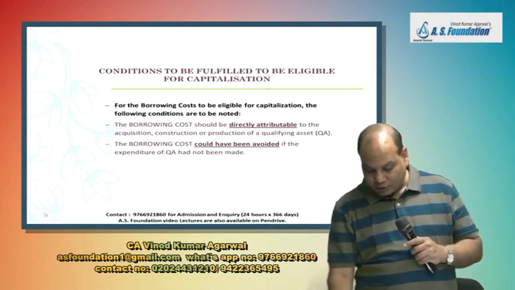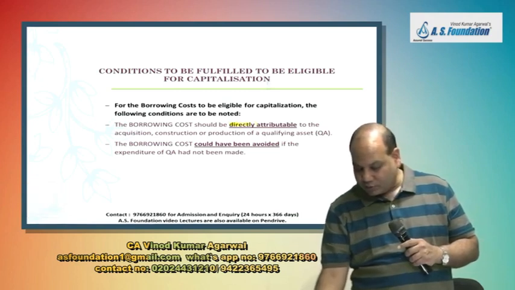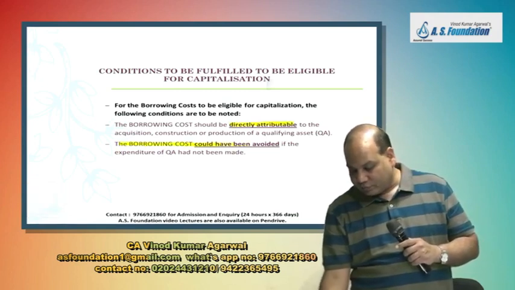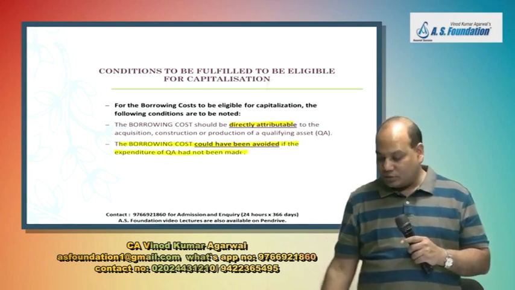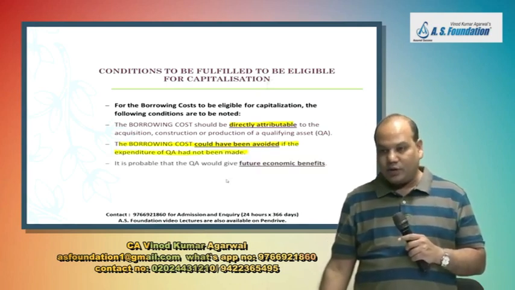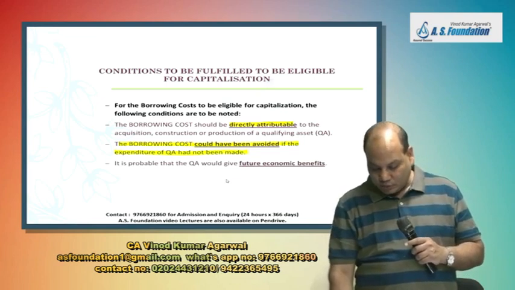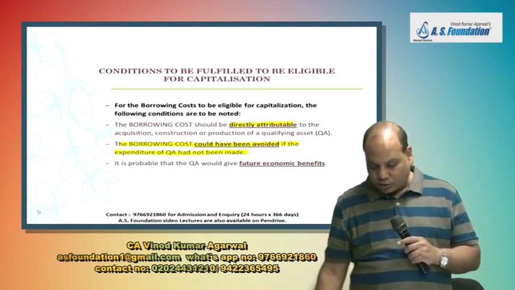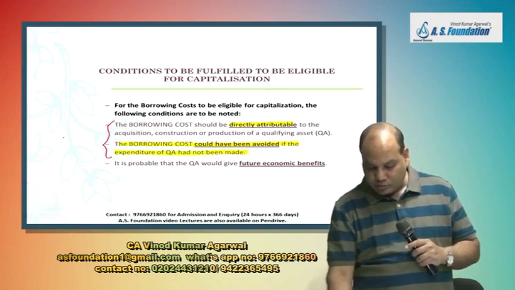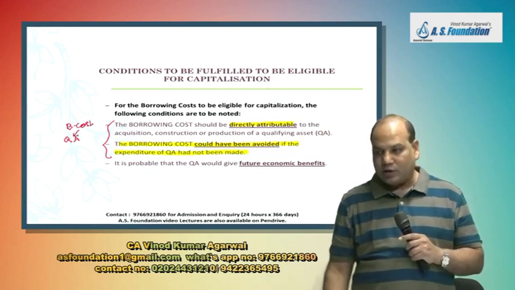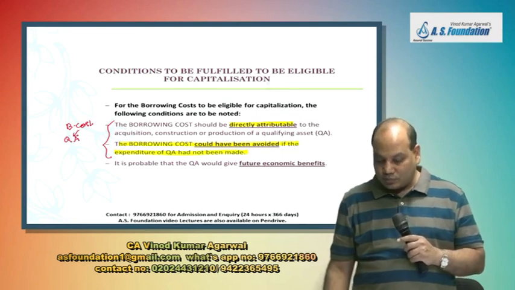So this line is a further explanation of this point, directly attributable, that my borrowing level would have been lower had I not incurred expenditure on the qualifying asset. So the first principle is borrowing cost must be directly attributable to the acquisition, construction and production of a qualifying asset. This nexus I have to prove.